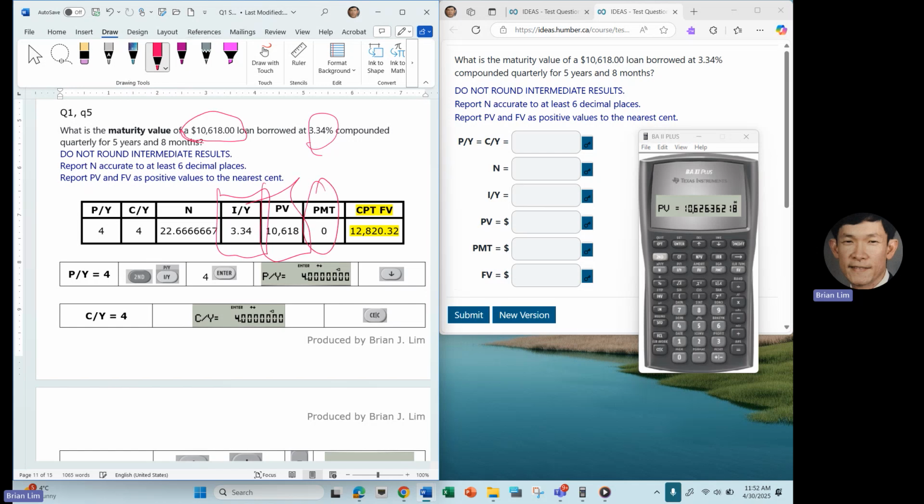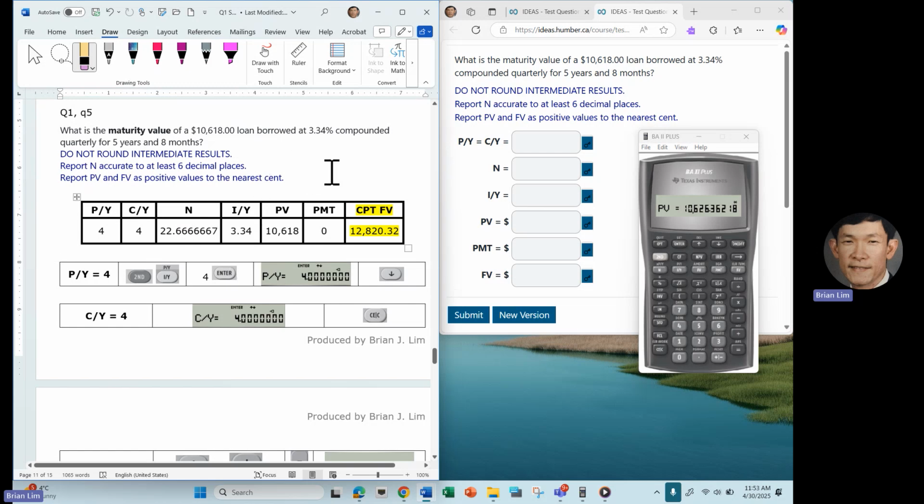As usual, the payment is zero because it is one deposit that is being made, and then we will proceed to find the future value, or the maturity value, as I told you before. Anytime you see maturity value or accumulated value, they are all synonymous and mean the same thing as the future value. All right, so there are the values.